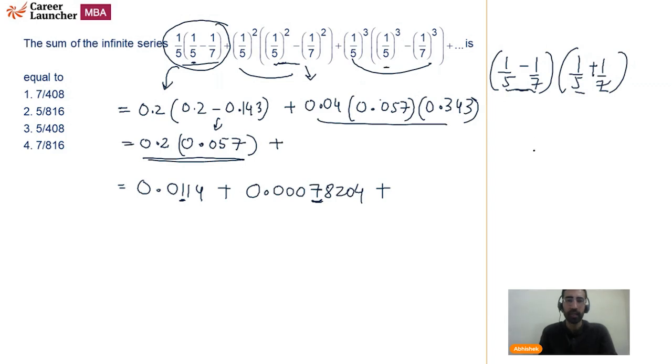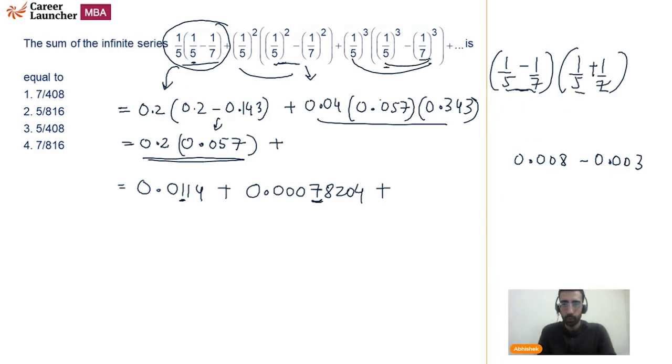1 by 5 cube is 1 by 125, which is 0.008. 1 by 7 cube, I think we'll have to do that. 1 by 7 divided by 7 divided by 7 is 0.00291. I'm just going to take it as 0.29 something, so it's 0.003.